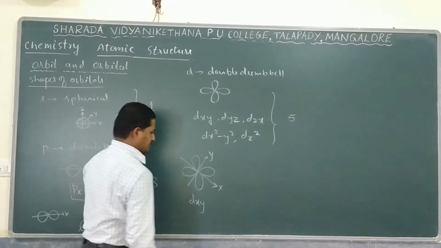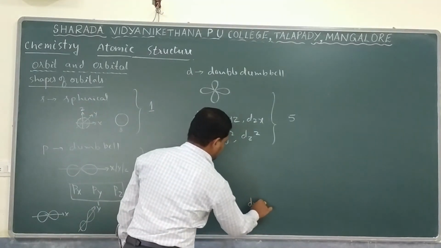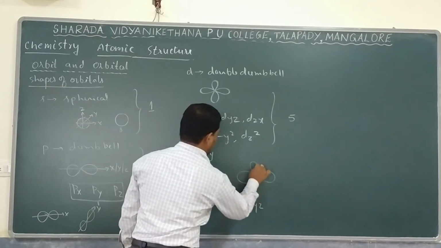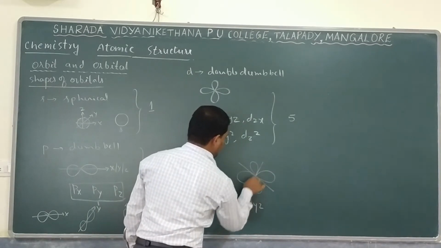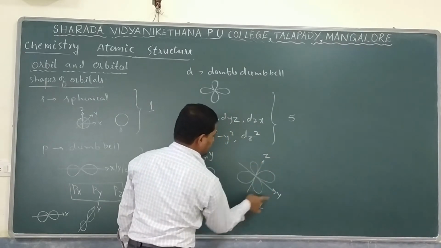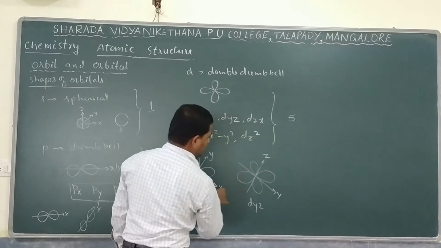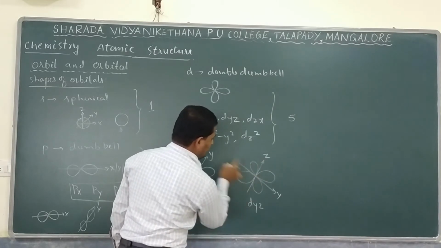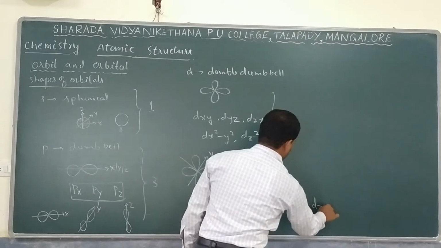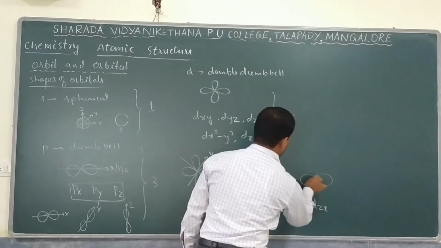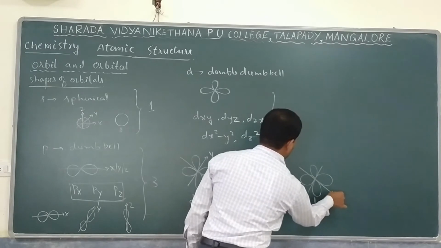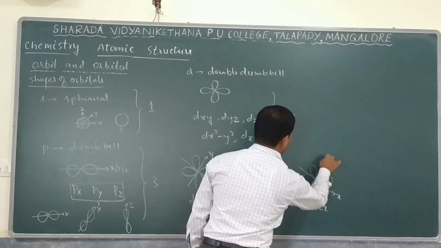Similarly, for dyz, the two dumbbells are present between the y and z axis. Between y and z, here there is a dumbbell, and between y and z, here there is another dumbbell. Similarly, one more, dzx. In the case of dzx also, the two dumbbells are present between the z and x axis.